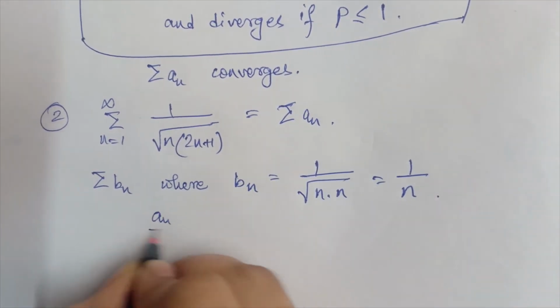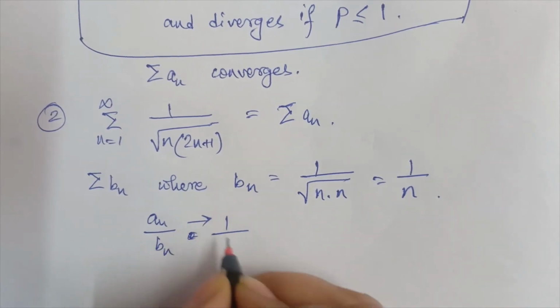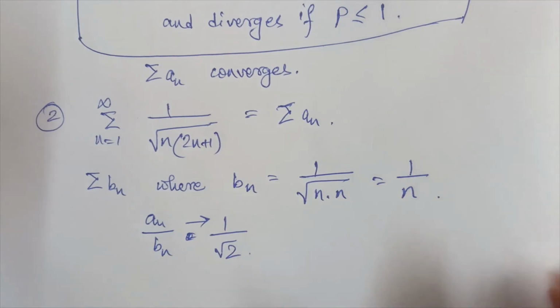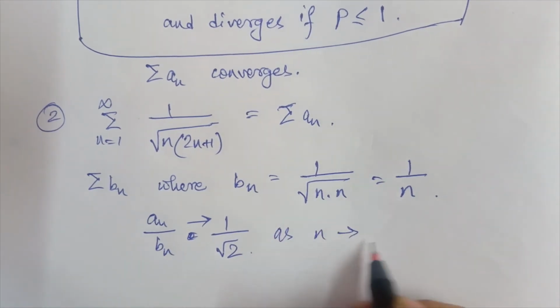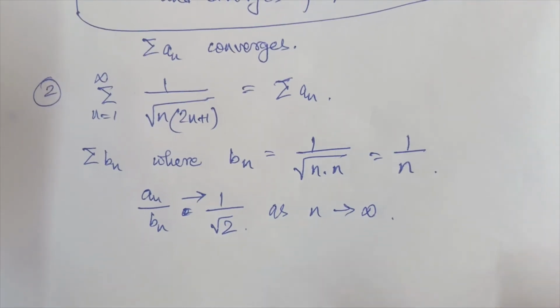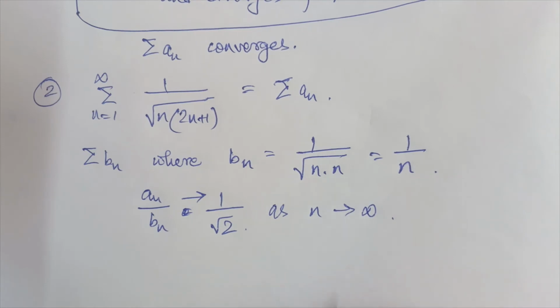So an by bn gives us, an by bn tends to 1 by root 2 as n tends to infinity. So the series an and bn will converge or diverge together.